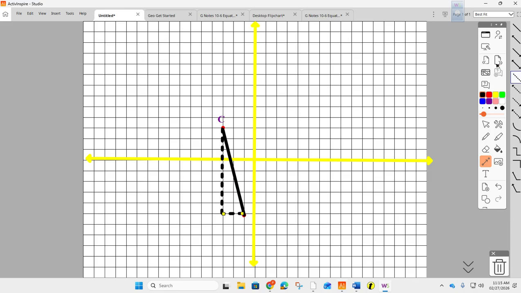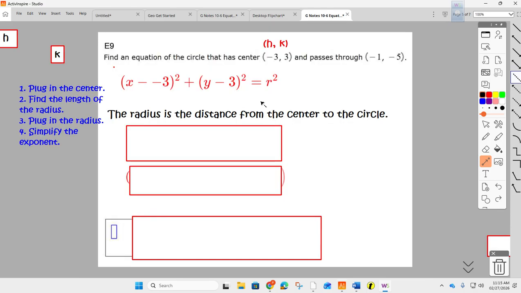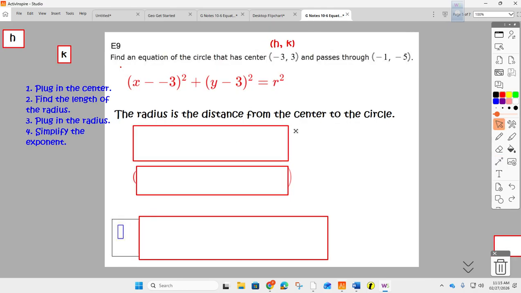So we could use, that would be 1, 2, 3, 4, 5, 6, 7, 8, and 1, 2, 3, and then use Pythagorean theorem. But the way that popped into my mind was just to use the distance formula.